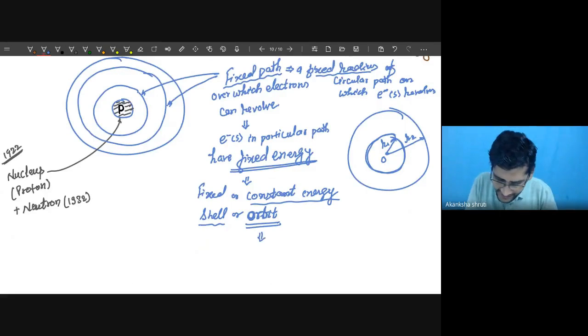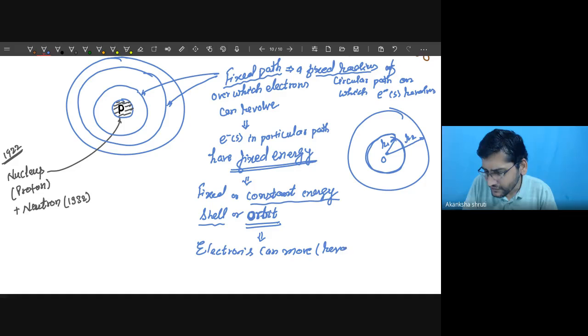So electrons can move over this path only. Move means it is a circular path, so also written as revolve, only over this fixed path, this fixed orbit.